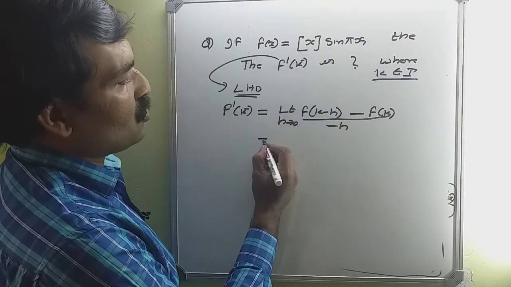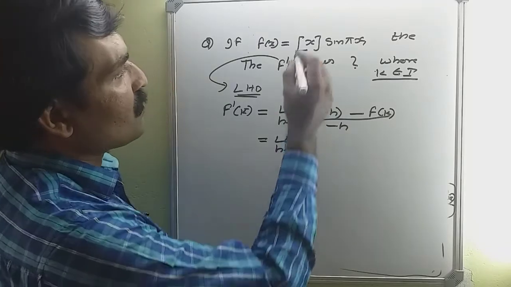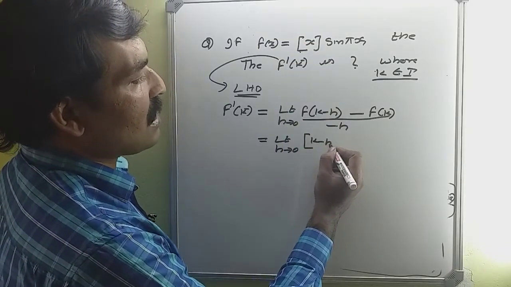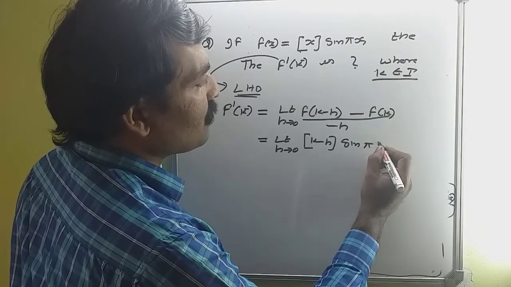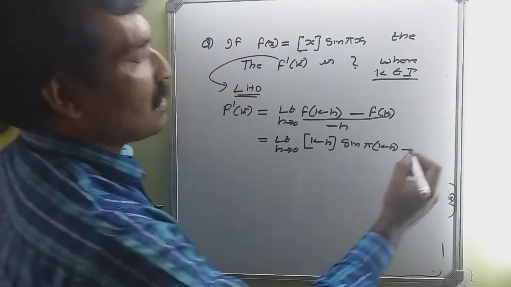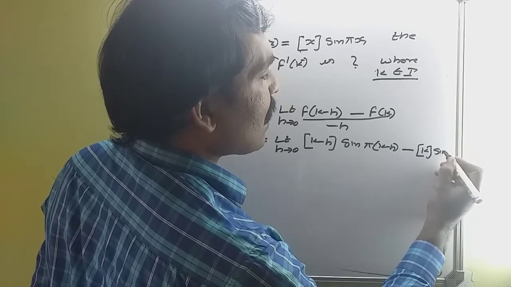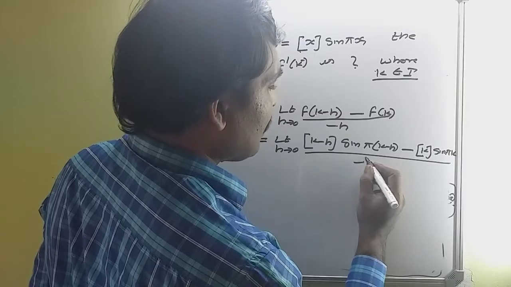This is equal to limit h tends to 0 greatest integer function of k minus h into sine of pi into k minus h minus greatest integer function of k into sine pi k, divided by minus h.